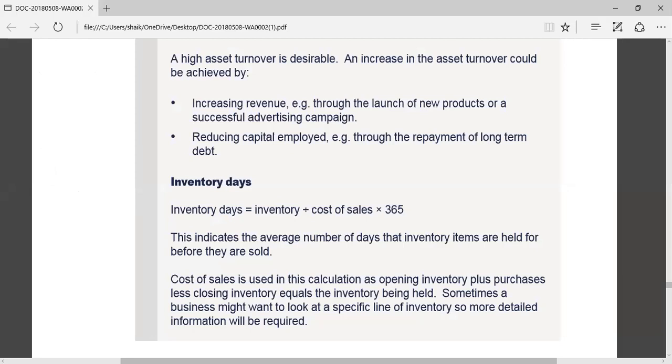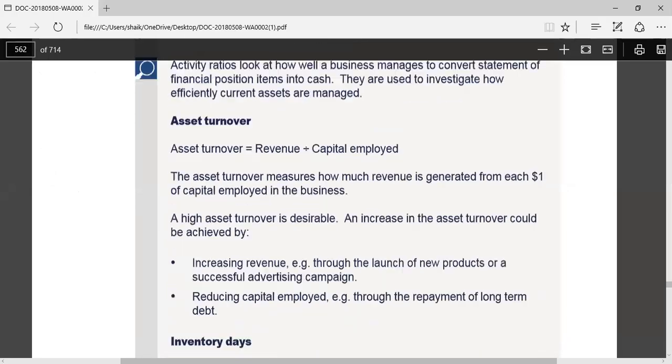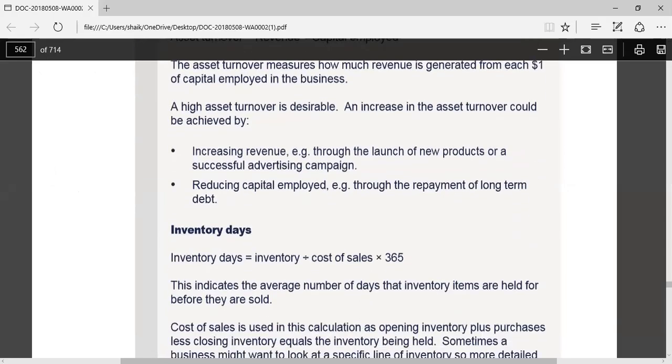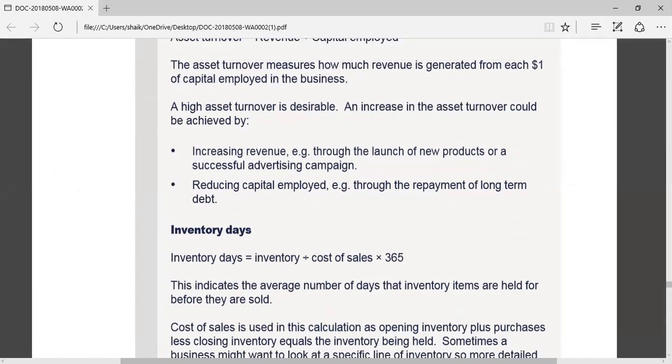Remember, this ratio is calculated on a days basis. There are certain ratios that might be calculated in the form of percentage, and other ratios that may be calculated in the form of days. As I have told you in each and every class of performance measurement, you need to see the denominator and compare the denominator with the numerator.